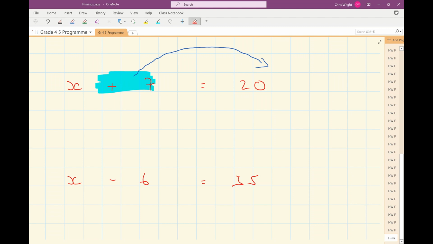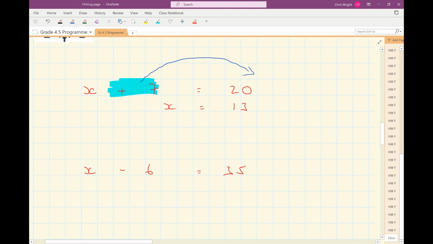That means we've got rid of the plus 7 from the left-hand side, so now we've only got x on the left. On the right-hand side, we have 20 minus 7, which is, of course, 13. So the answer is x equals 13, as you probably knew it was anyway, but we've floated the plus 7 and it's pinged up as a minus 7.